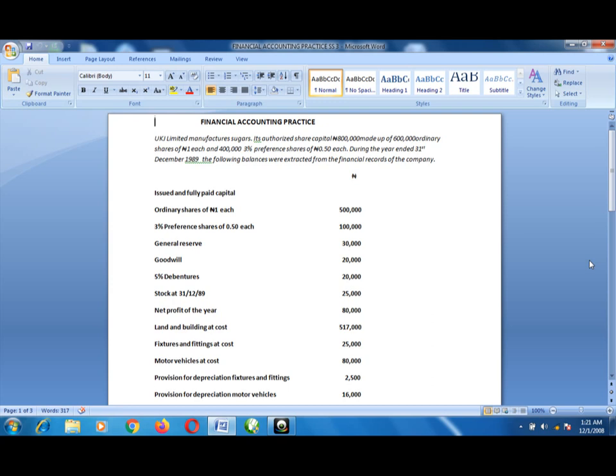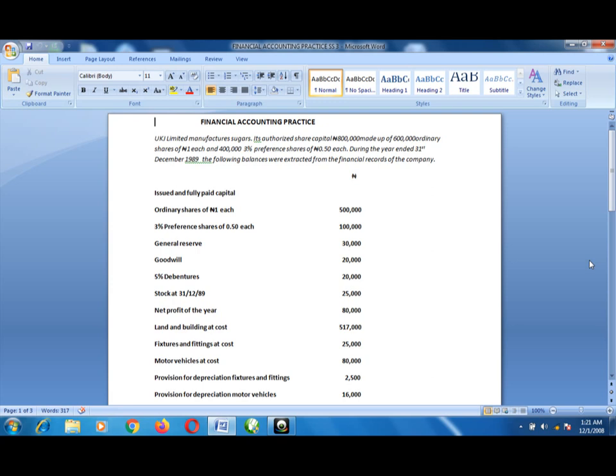That is, the directors will recommend the percentage for the ordinary shares, and that will be under the additional information. When you are given the question, first of all make sure you go through the question and make sure you stress much on the additional information.